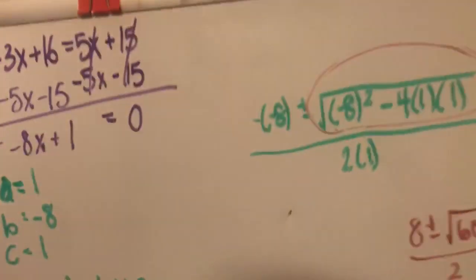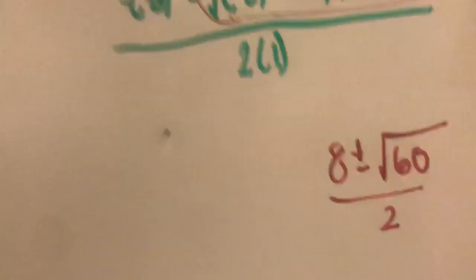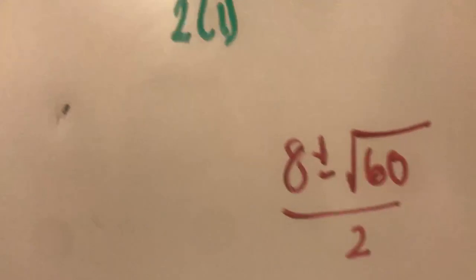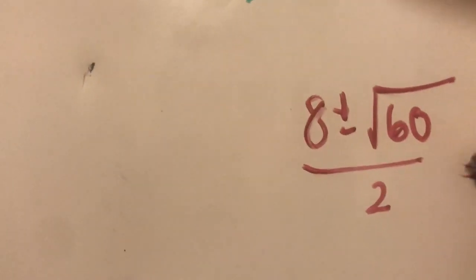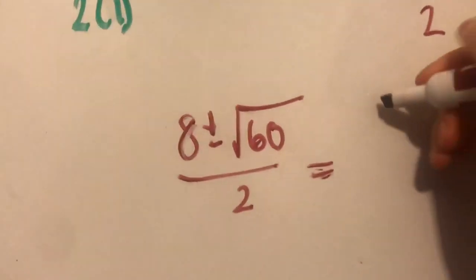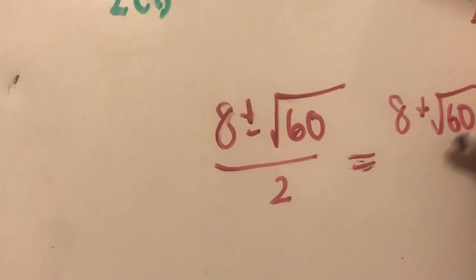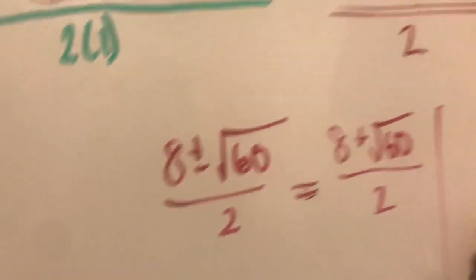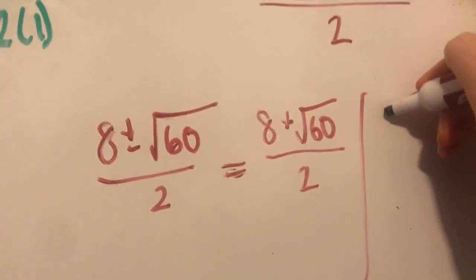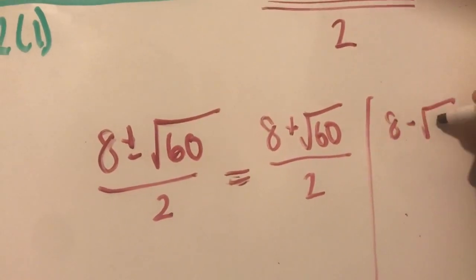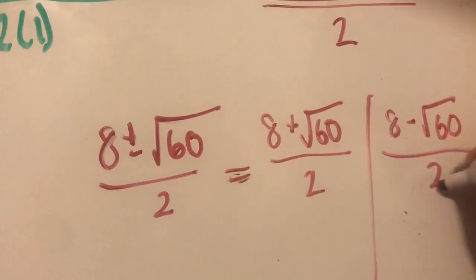I accidentally moved it. Okay. So I would go ahead and just go right to your calculator, but separate your two answers here. So I know that this really means one is saying 8 plus square root of 60 divided by 2, and your other one is saying 8 minus square root of 60 divided by 2.